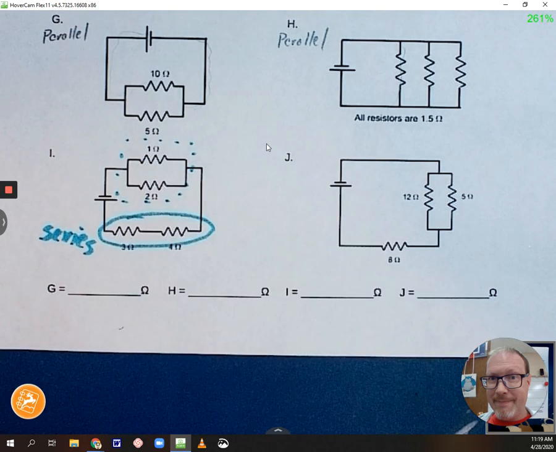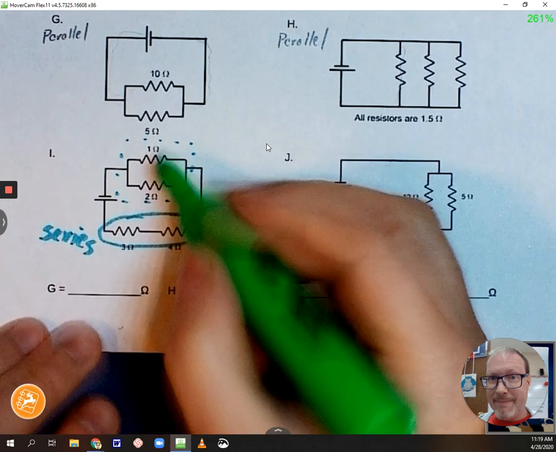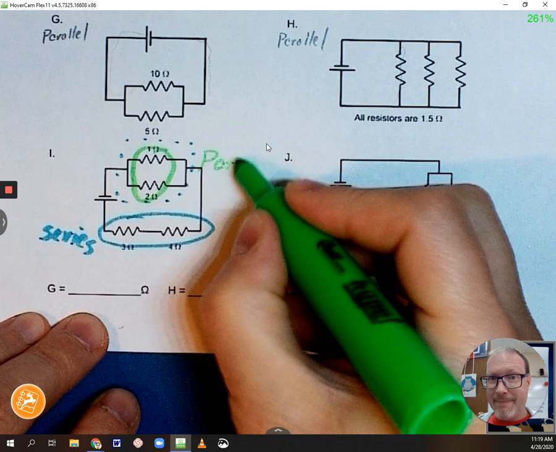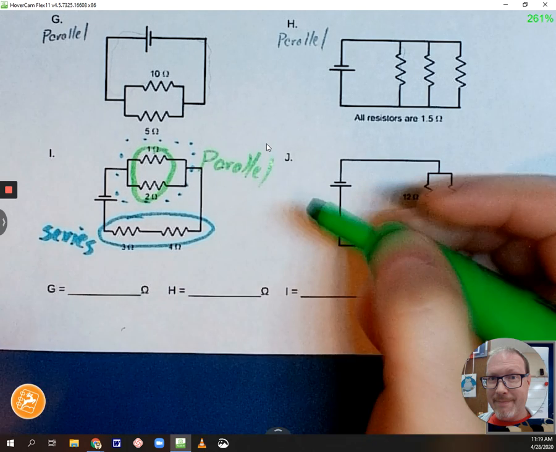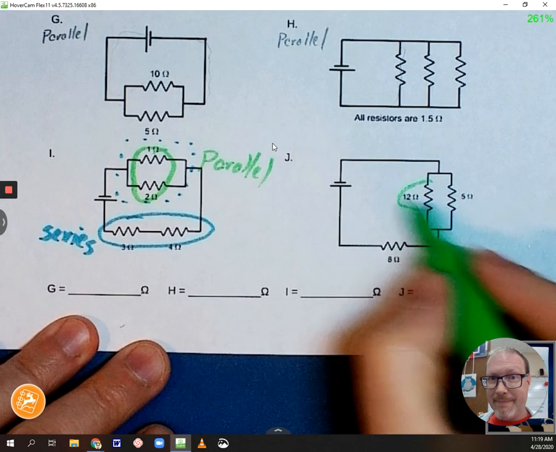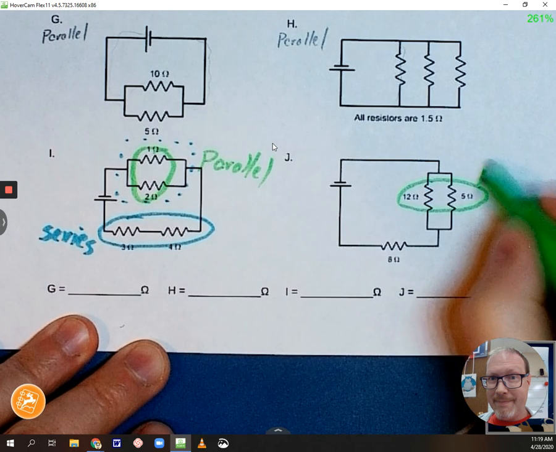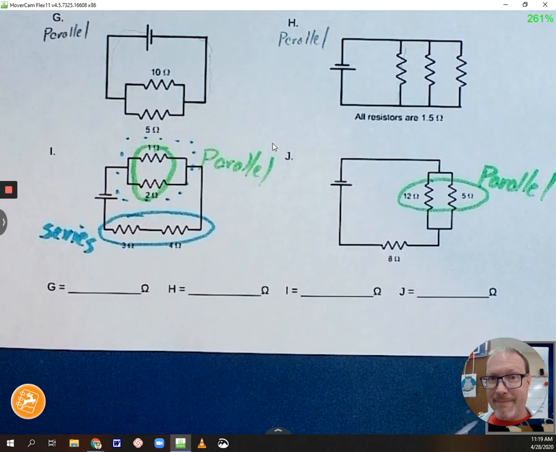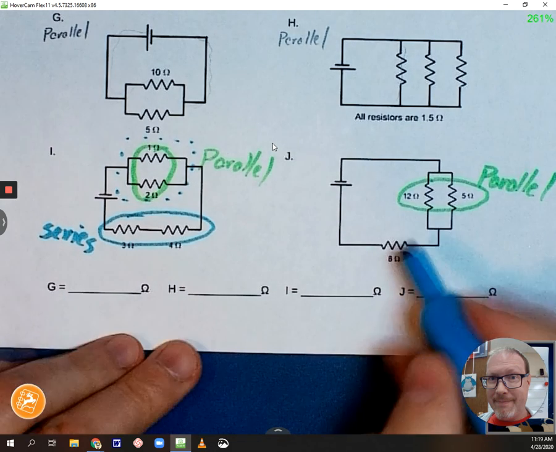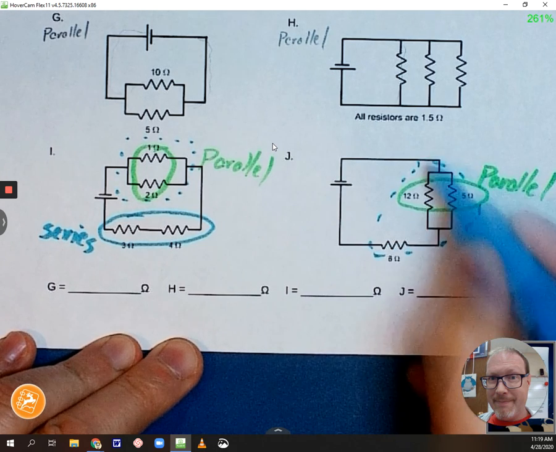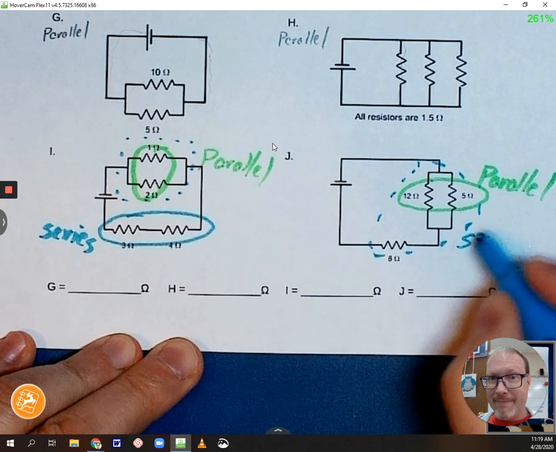However, this top part is wired in parallel. And in a similar fashion over here on J, these two are in parallel to one another, but they are all together in series with this 8 ohm resistor down here.